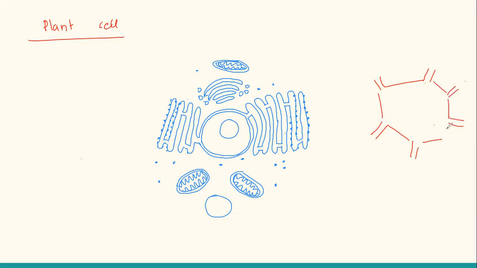Hexagon or pentagon, whatever. Or you can just keep it simple and make it a little bit square. Some diagrams you'll see with the cell wall like this, some like this. So whichever you find easier to draw, always stick to that because there's no compulsion that you have to make it look like this or like that. I find the rectangle version easier, so I'll just draw that.